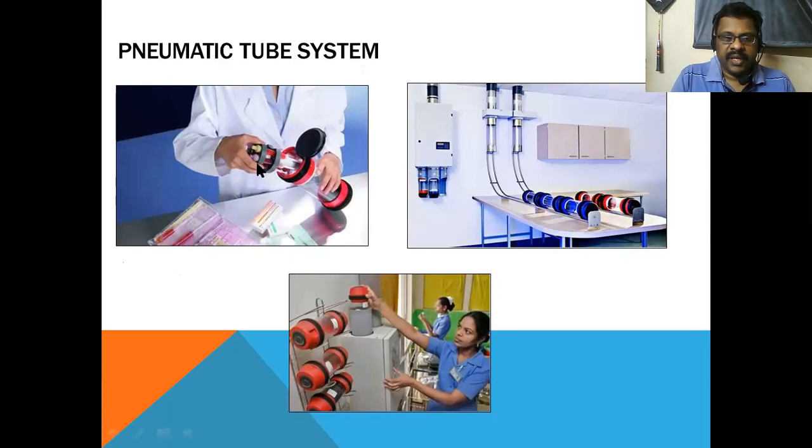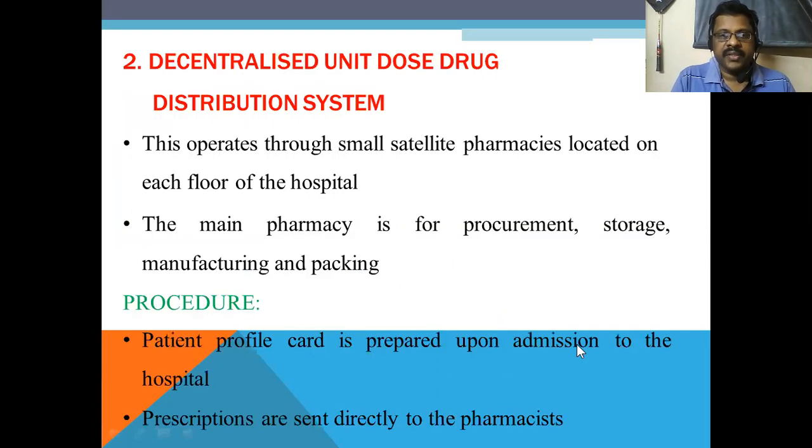In this, one unit of dose will be kept and stored, and it will be supplied through this with an identification mark, and it will be received by nursing stations one by one. Wherever these tubes are carried and wherever required, it will be delivered, and it will be received there based on the identification mark. It will be received by nursing stations, and it will be supplied to the patients.